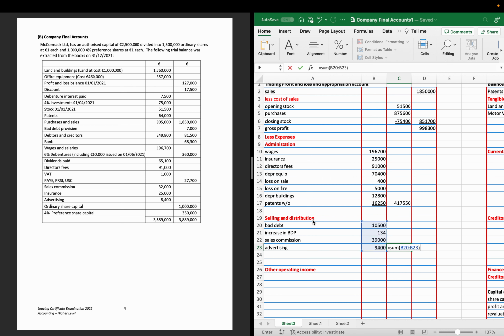So if we add those together and then add your two expenses together, obviously take them away, and you've got your other operating, that's 8.4. You have your other operating incomes, your bad debt recovered.